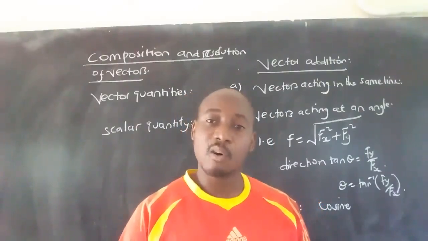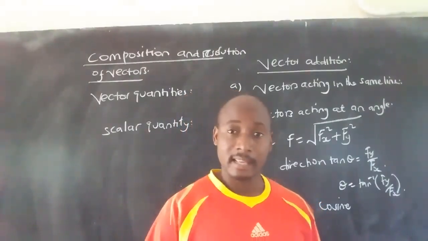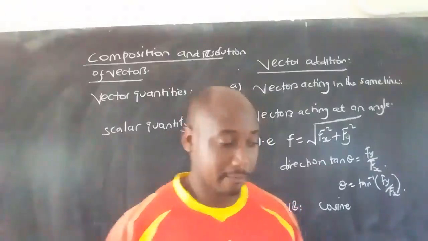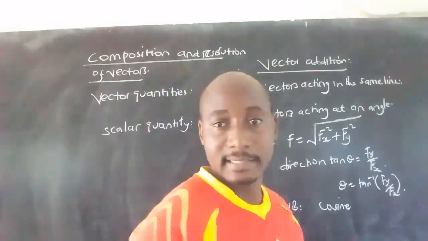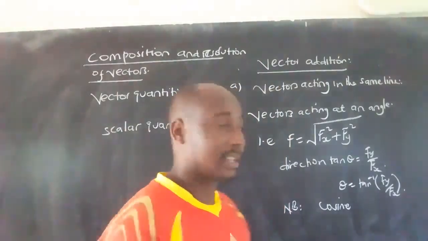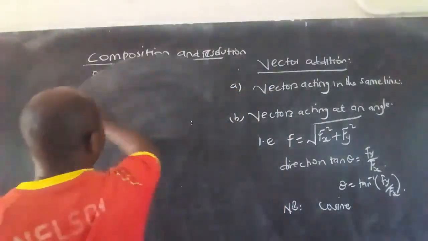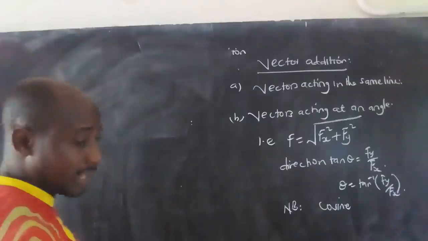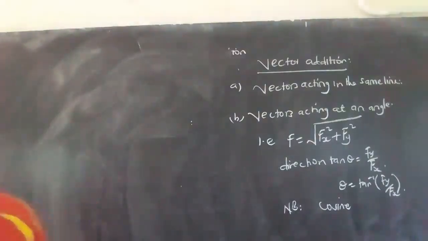And for the vertical component, we apply the sine of the angle between the horizontal and the vector.